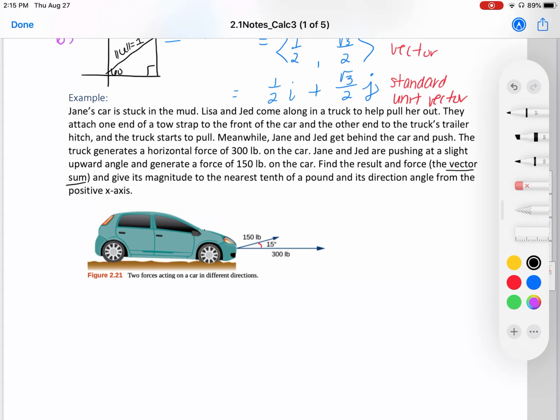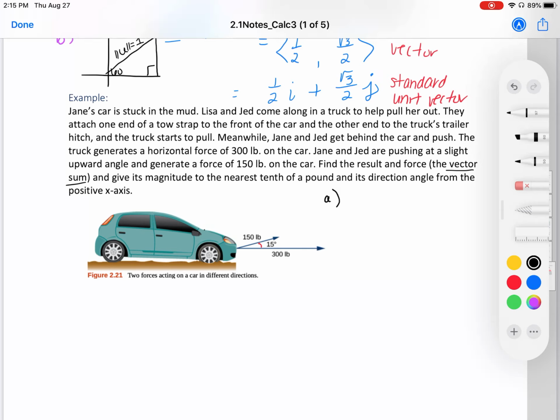All right, let's go ahead and do that first part. So let's write each one as a vector.